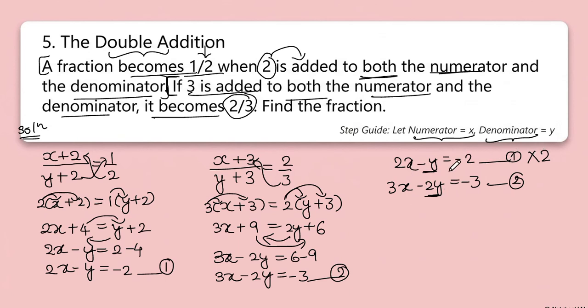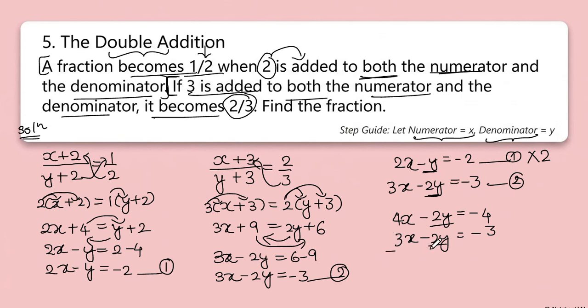So if you multiply the first equation only by 2, so 2 into 2 is 4x minus 2 into y, 2y, is equal to minus 2 into 2, which is minus 4. Keep the second equation as it is, 3x minus 2y is equal to minus 3. Okay, so you can see that the coefficient of y is the same now. So to cancel out, we will change the sign of the second equation.